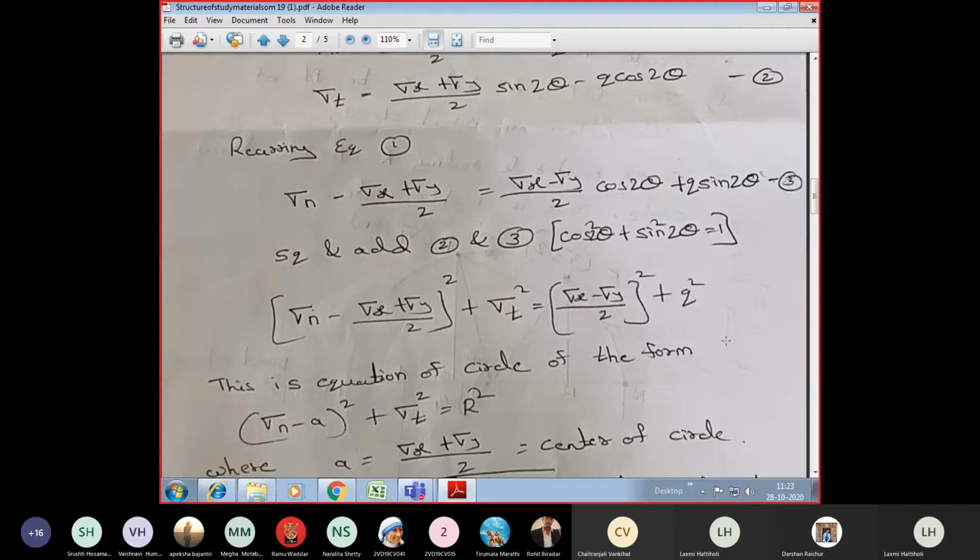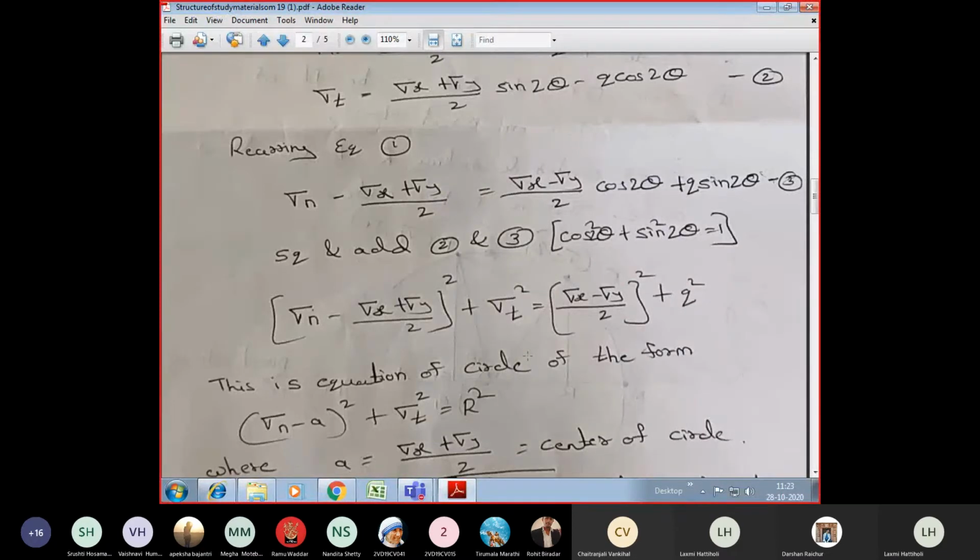Now, please observe the equation we have got: sigma n minus sigma x plus sigma y by 2, the whole square, plus sigma t square is equal to this. This equation indicates the equation of a circle. It is in the form of a circle, though not exactly the equation.